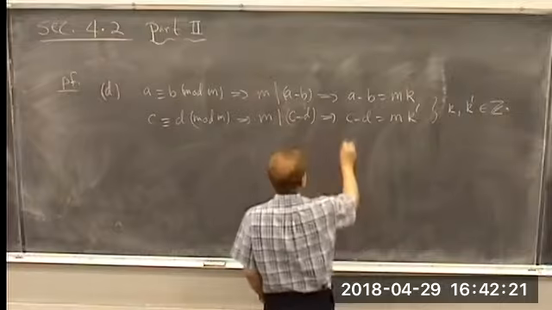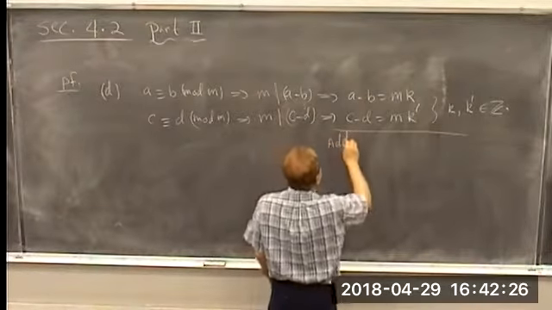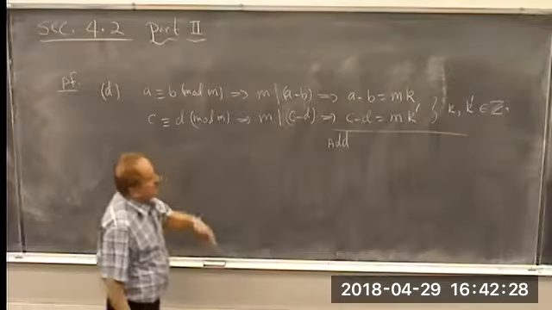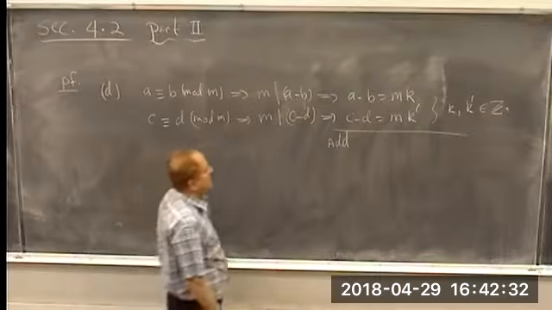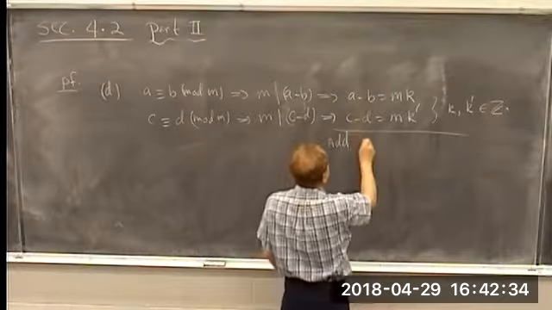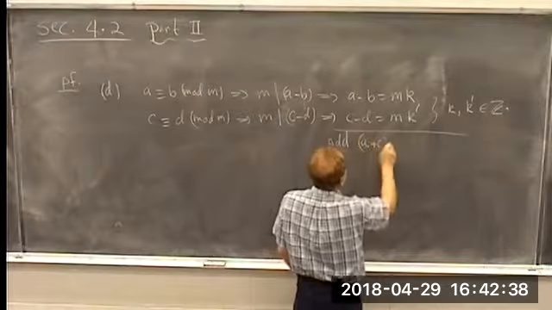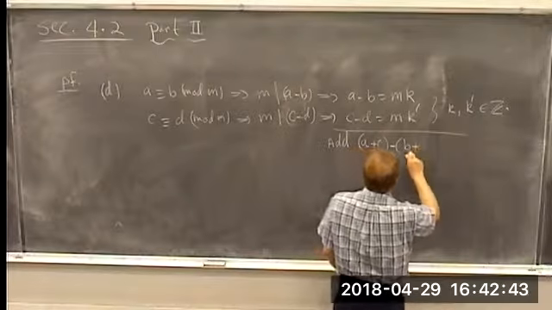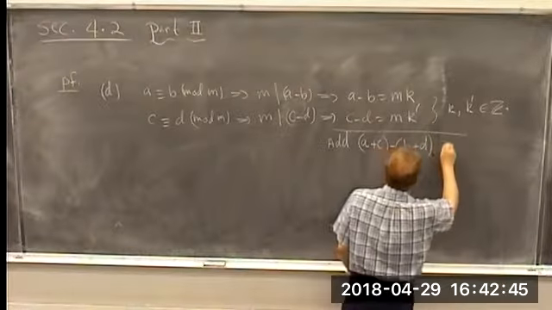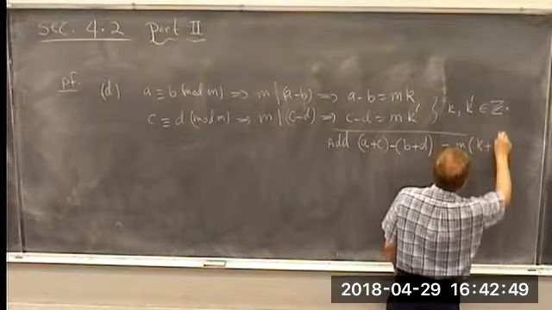Okay? So K and K prime are integers. Well, let's add these up. And for the case of subtraction, you just subtract them. So you get A plus C minus B plus D, and this is equal to M times K plus K prime.